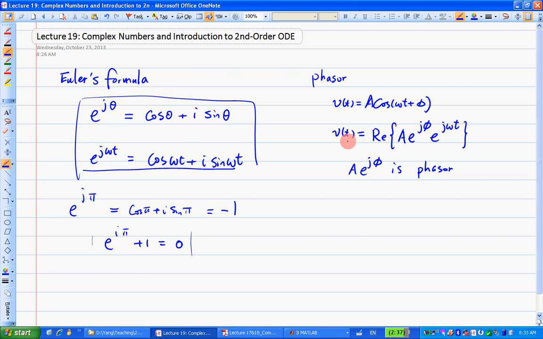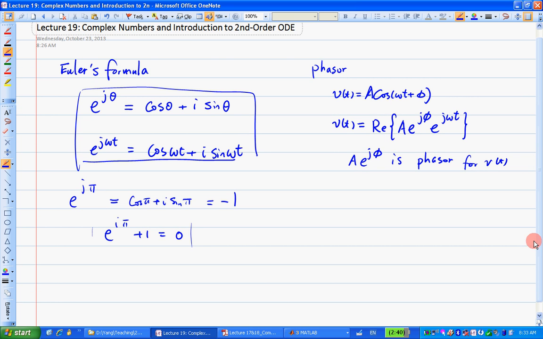So we call v of t the real part of this complex number. Inside this big bracket, A multiplied by e to the power of j phi is what we call the phasor for this v of t. Dealing with this a lot of the time proves to be simpler than directly using the sinusoid.